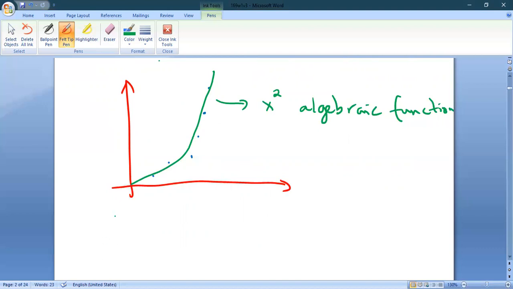So let me write the definition of an empirical model.